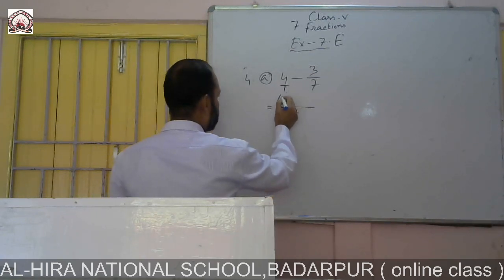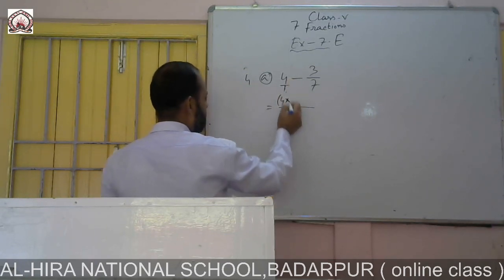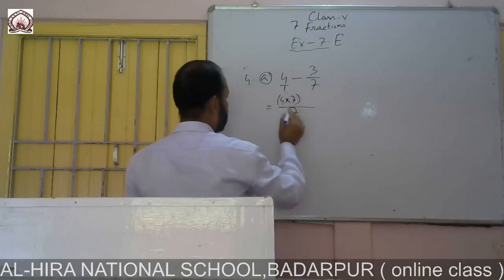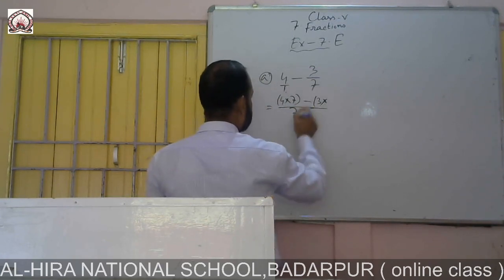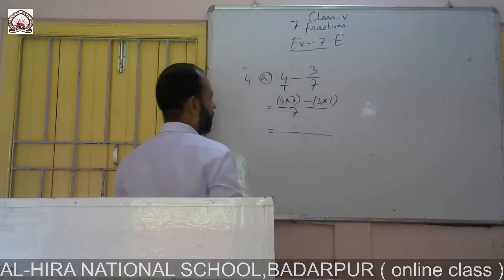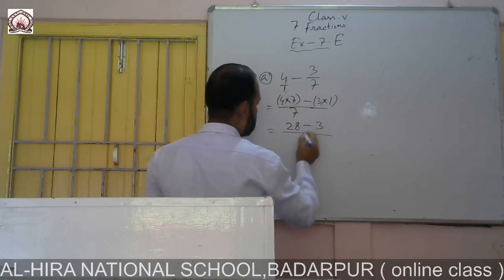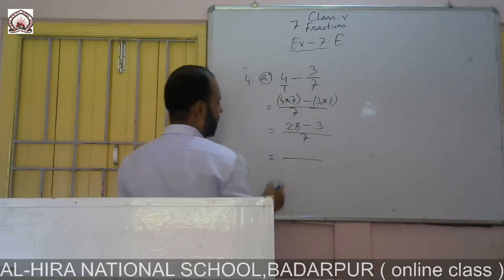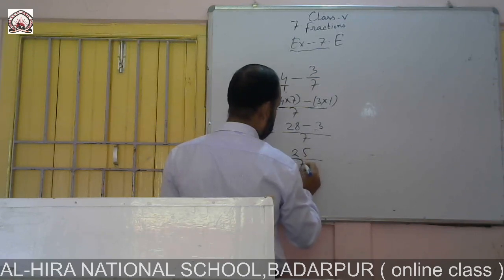Here 4 and 7, 1 sevens are 7 minus 3 ones are 3 by 7. Now 4 sevens are 28 minus 3 by 7. Now 28 minus 3 equal to 25 by 7.